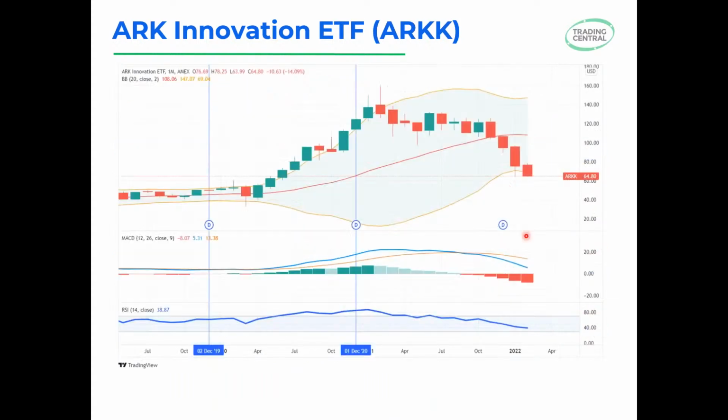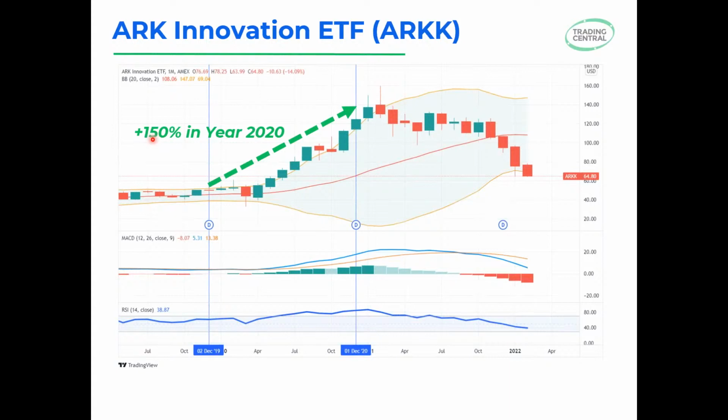Well, you know what? Back in 2020, two years ago, it was the top performing ETF in the US, up over 150% within a year in 2020.